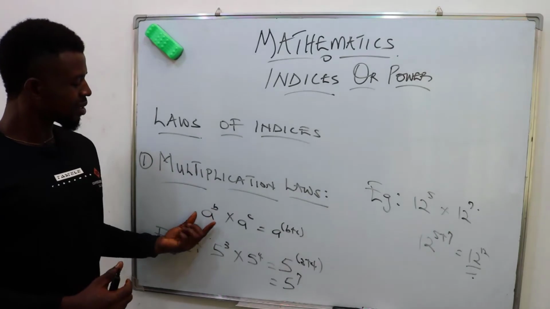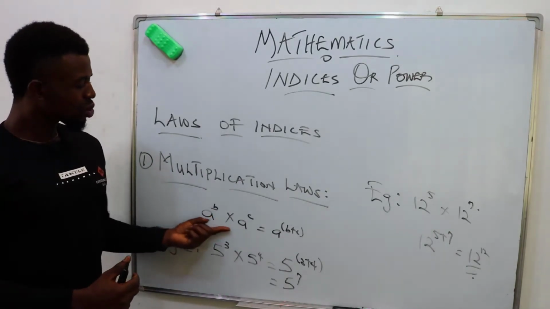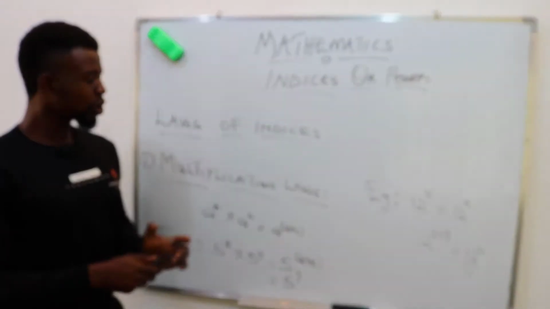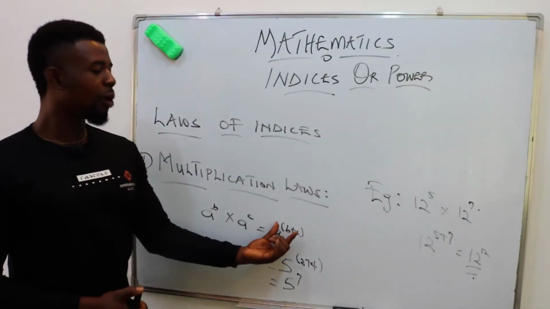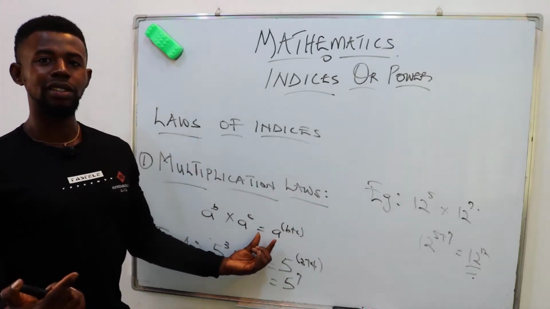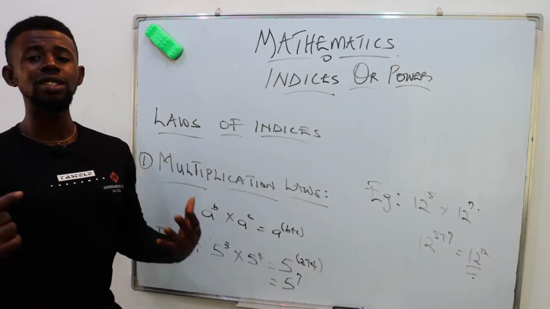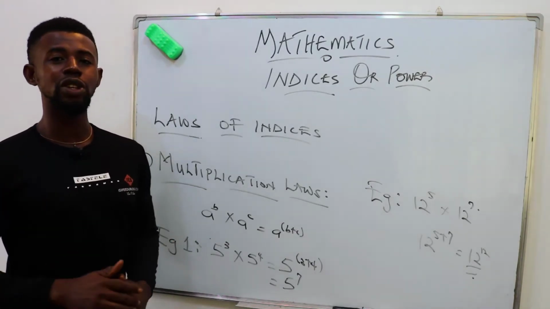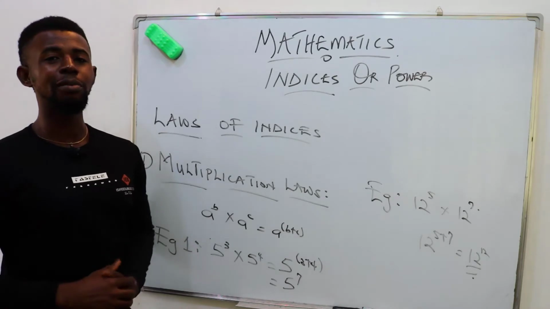So if I have two indicial expressions of the same base multiplying themselves, the solution is simply the sum of their powers, maintaining their base. Now what I want you to note is that this law can only be applied to indicial expressions or indices of the same base.